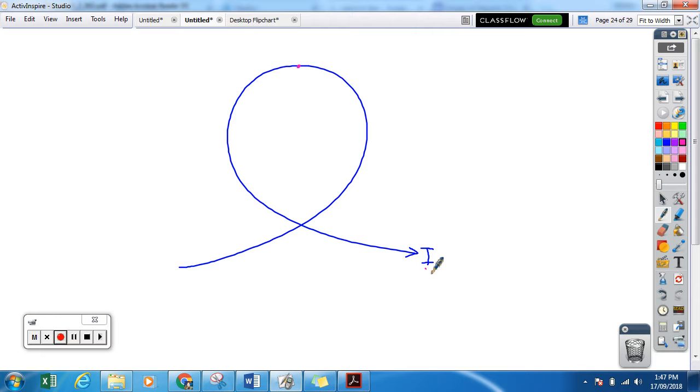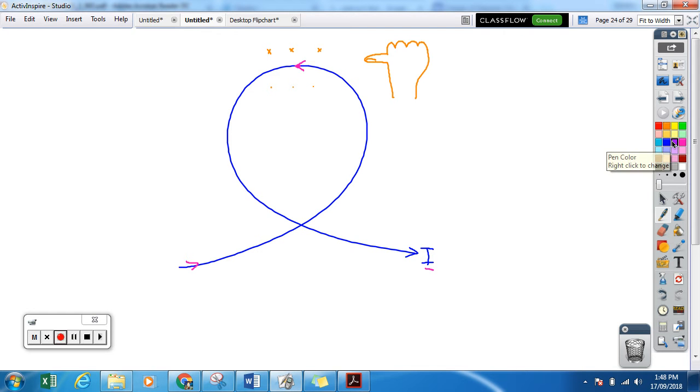If the current is going out this way, then the current must be going in this way, around, and at that point there the current is going that direction. Using our right-hand grip rule, this time with the thumb this way, and this would be the back of the hand that we'd see, our fingers would be bending forward, and so therefore they would be going into the board up here at this point and out of the board there.